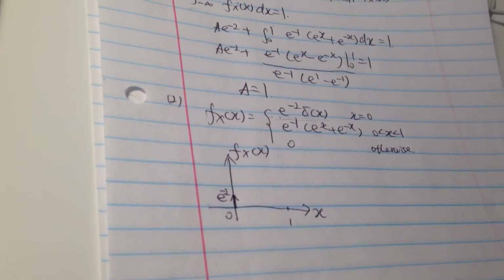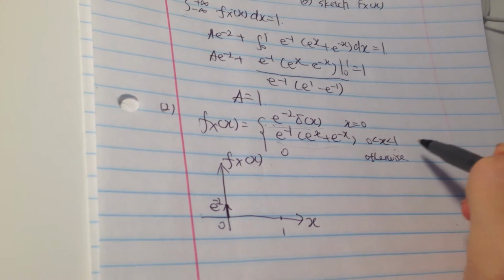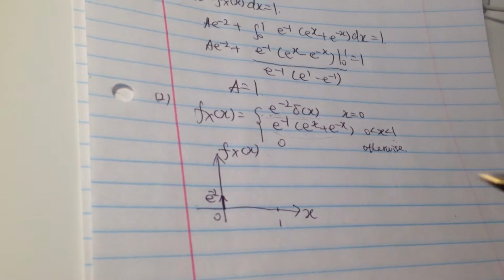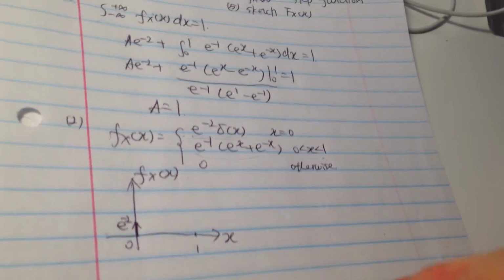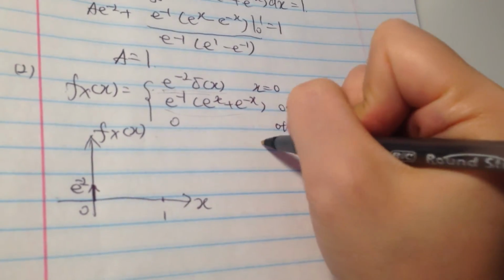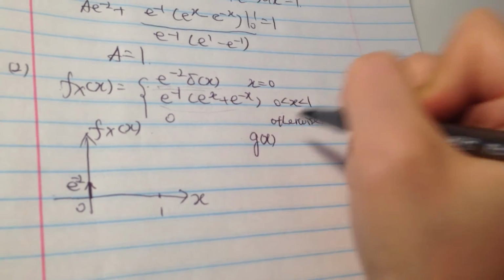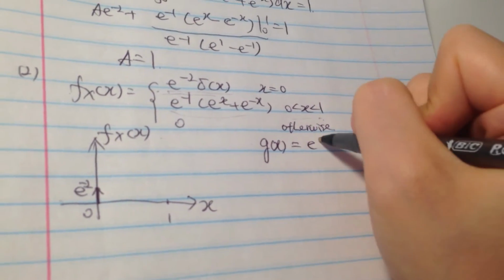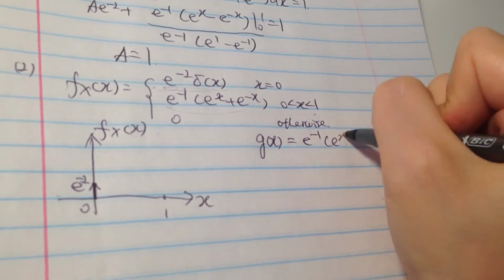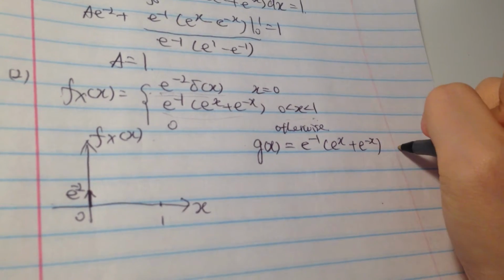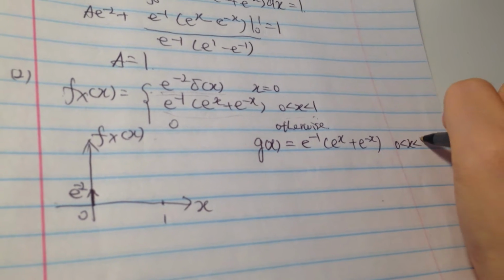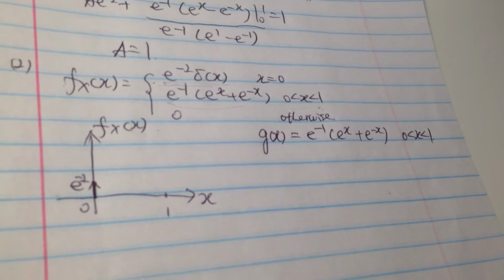The most important is this one, because it's really hard for us to draw it now, so we need to figure out this function, and we're assuming that g(x) equals this in the range from 0 to 1.